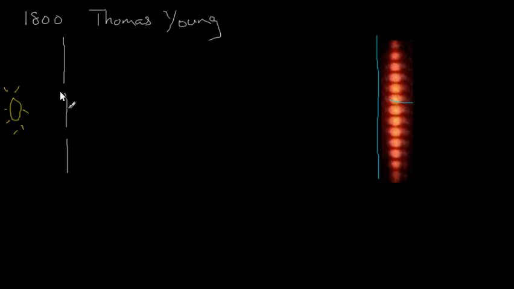Because if you look at this setup, it is the same, or at least very similar to what we saw just now for the ripple tank. In the ripple tank, if you remember, we have something that produces waves on one side of these two gaps, and when the wave goes through those two gaps, we have interference on this side.